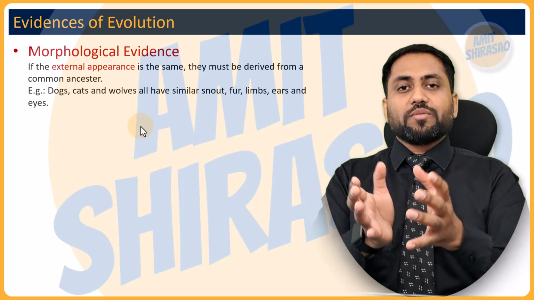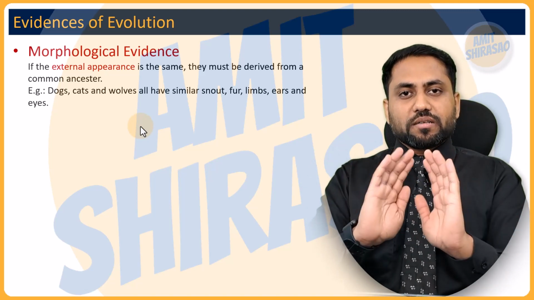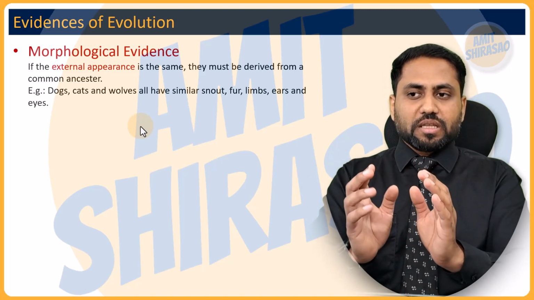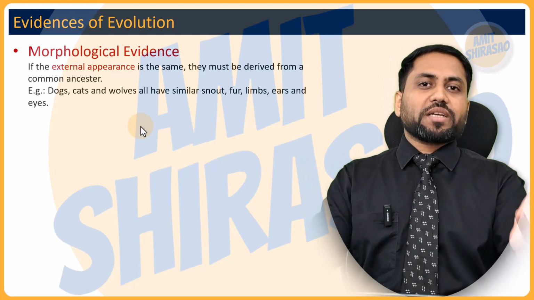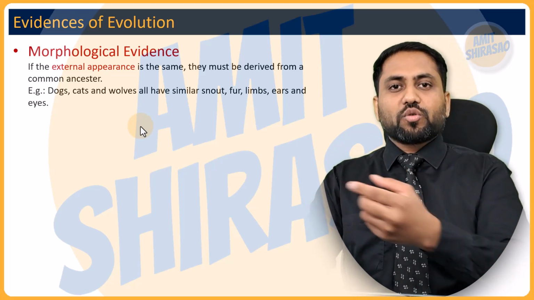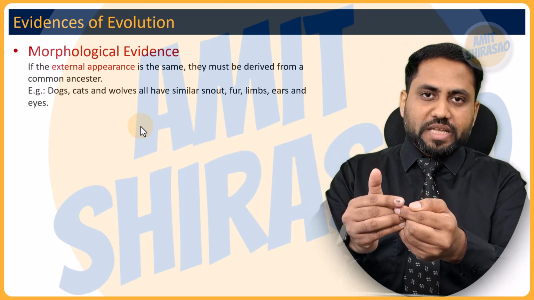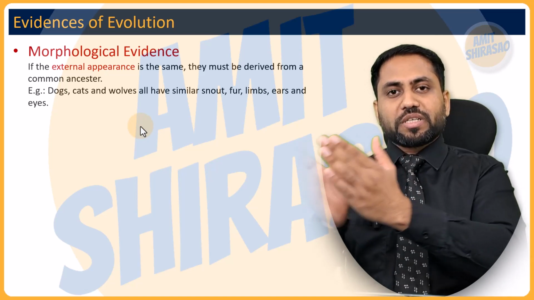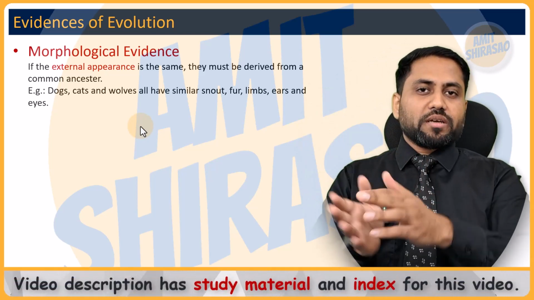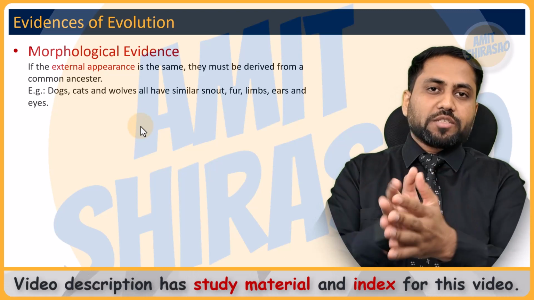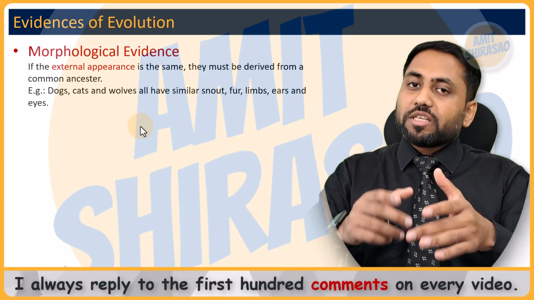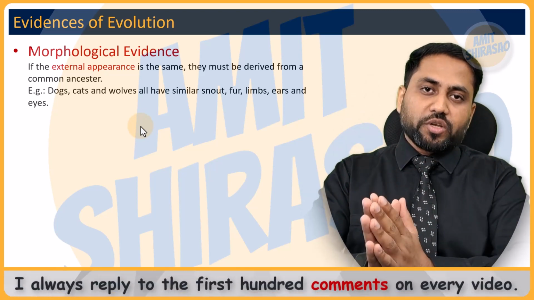Why did this happen? This happened because they reproduced in separate pools, meaning they were separated reproductively. A cat and a dog don't reproduce together. That's why dogs will only reproduce amongst dogs, and they will keep on growing their features in a different way. Cats will only reproduce among cats, and that's why they will keep growing in their own particular way.